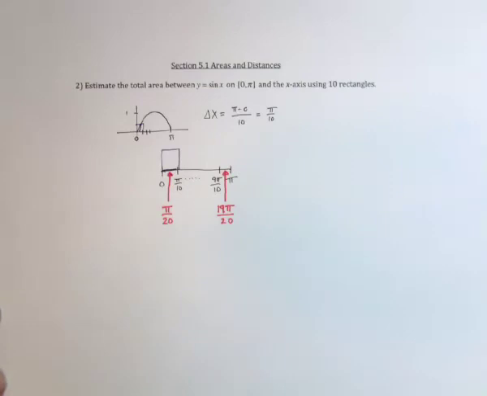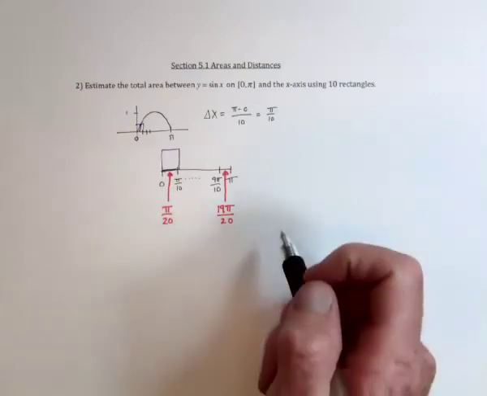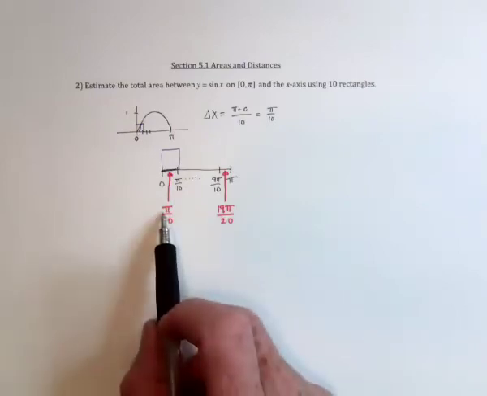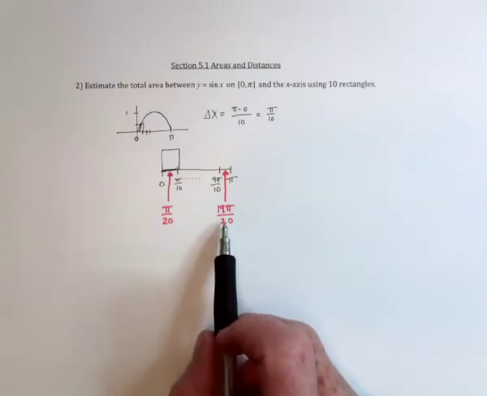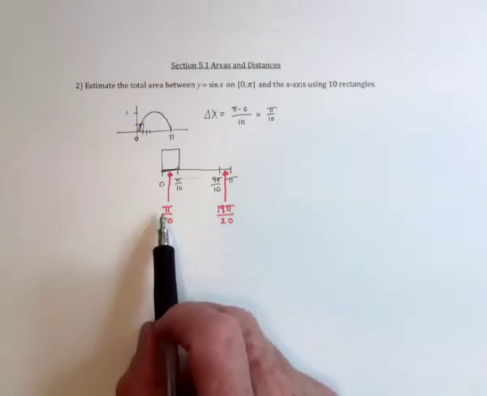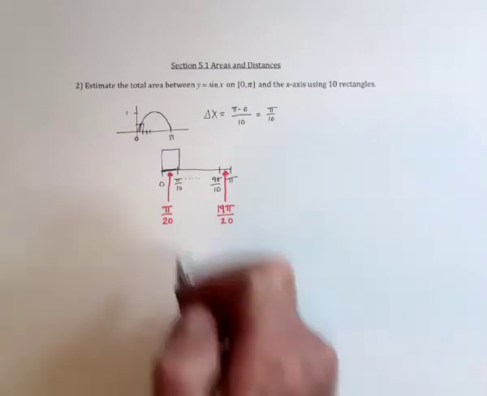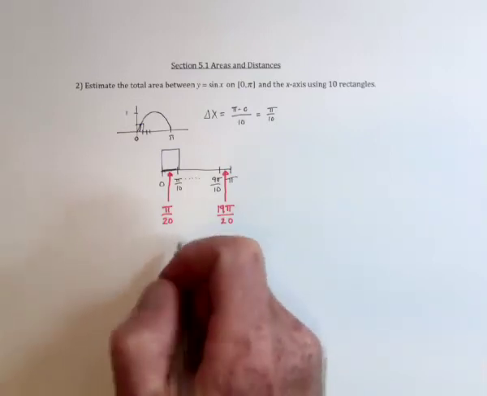Okay, so those are the numbers that are going to be substituted into the function to find the heights. We would need to do 10 of those between 1/20th of pi and 19/20ths of pi. So it would be the odd numbers, 1, 3, 5, etc. We can also have the calculator do this.